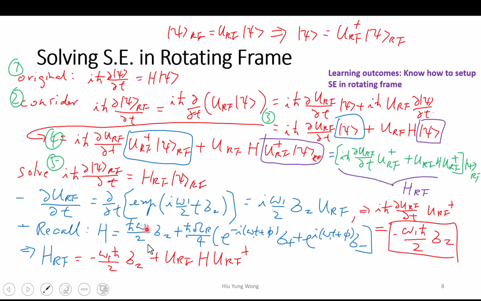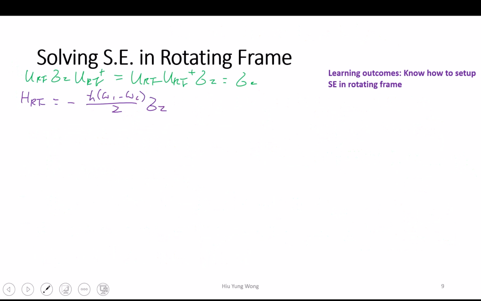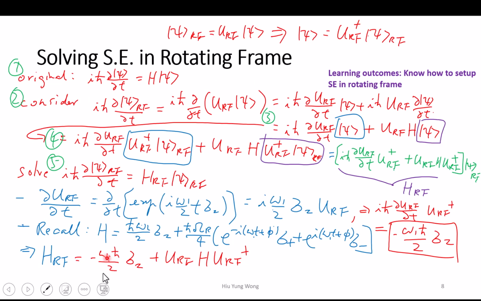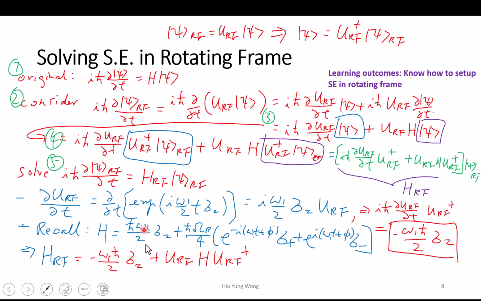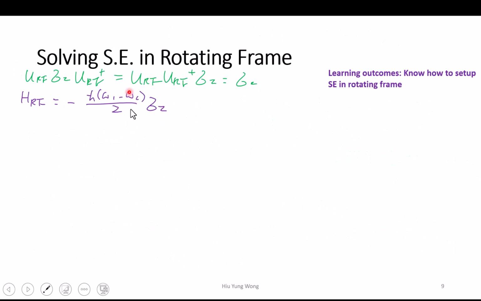But what I'm transforming should be ω_L, not ω_1, because I apply this to H. So as a result, I have negative ω_1, and then this is plus, so it becomes negative ω_L. Yeah?